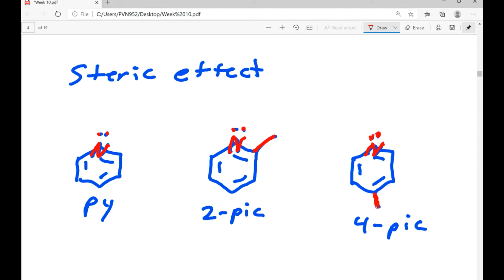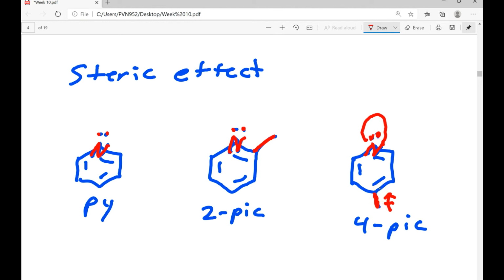What's interesting is that this methyl group is actually inductively donating. So a methyl group can donate electrons into the ring. That makes this nitrogen lone pair more available when we have a methyl group here.